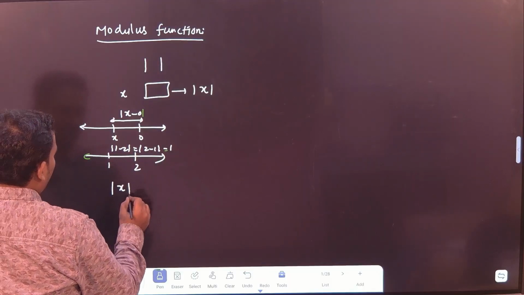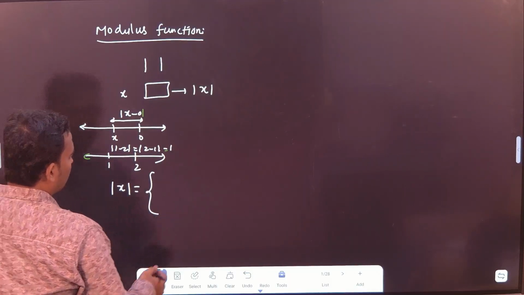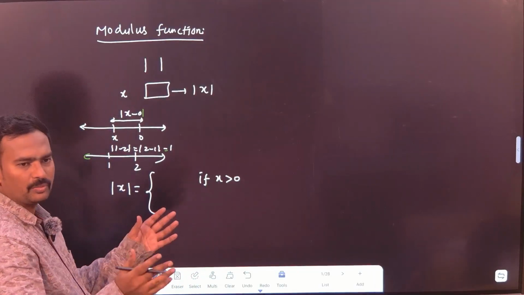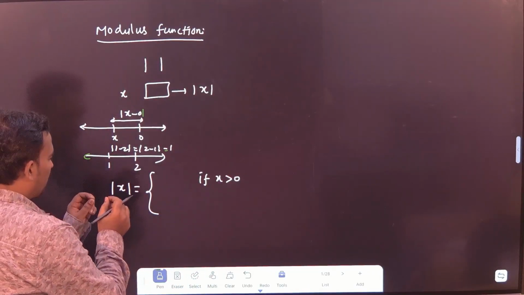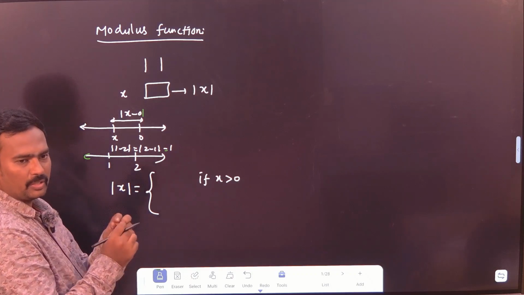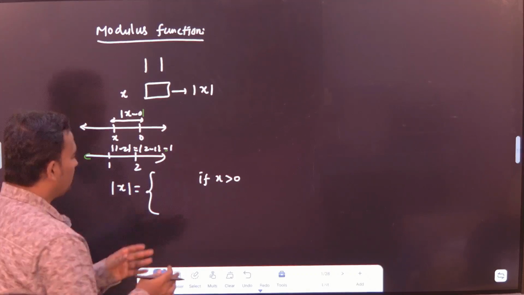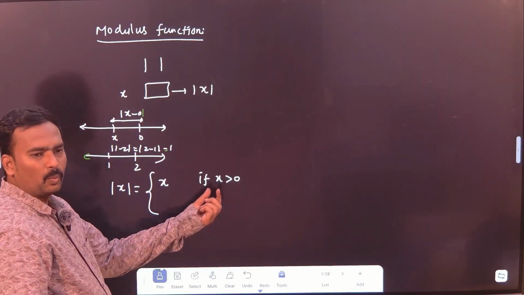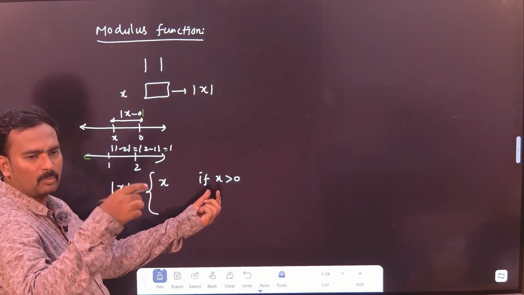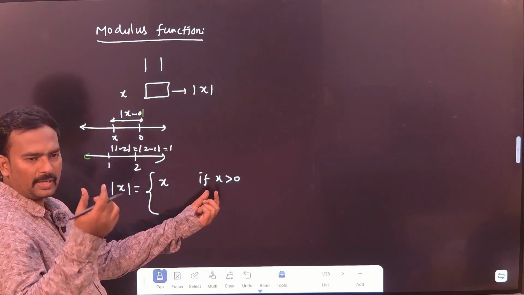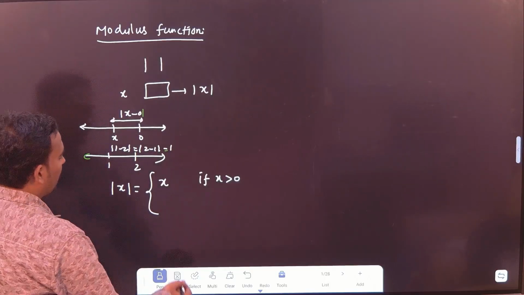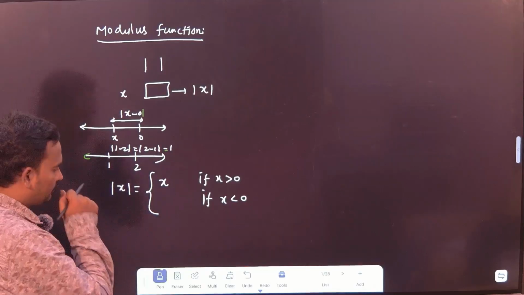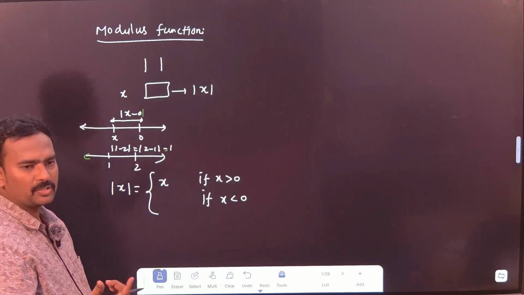So mod x, how to define? If x is greater than 0, that means a positive number, then if you put it in the machine, the modulus function, you will get the same x only. Let's take 1: mod 1 will be 1. If I take 2, mod 2 will be 2. In the same way, take x less than 0. Let's take minus 1.